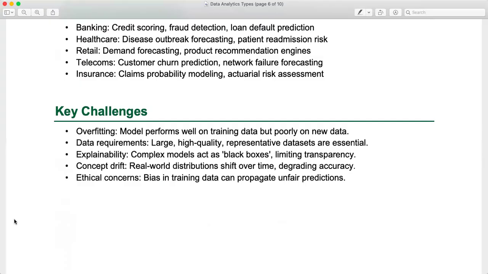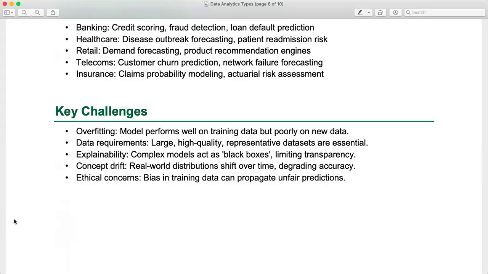So what are the key challenges in this particular type of data analytics? First of all, overfitting. That means the model performs very well on the training data, but it performs very poorly on unseen or new data.